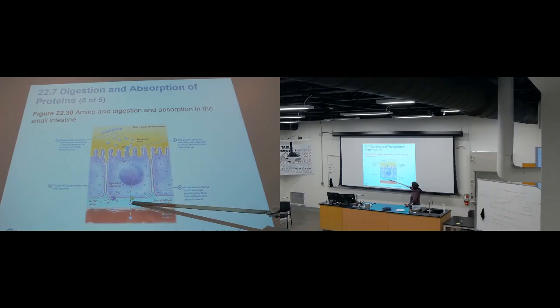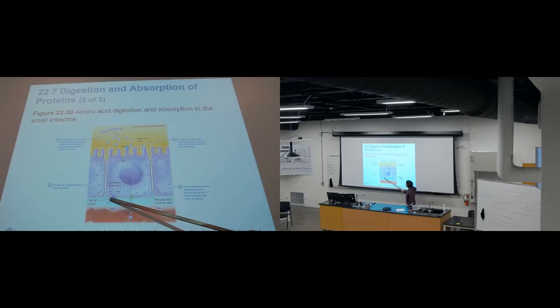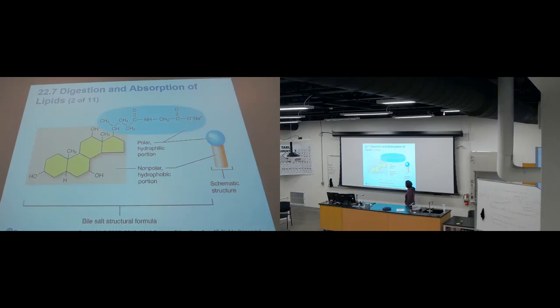And then cross this basal part, the basement membrane of your enterocyte by facilitated diffusion, and then enter into the bloodstream. And then you have a sodium-potassium pump that helps to extrude excess of sodium into the interstitial fluid, and then potassium comes in.